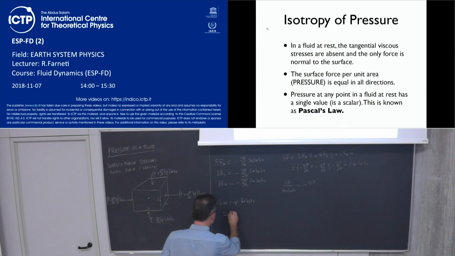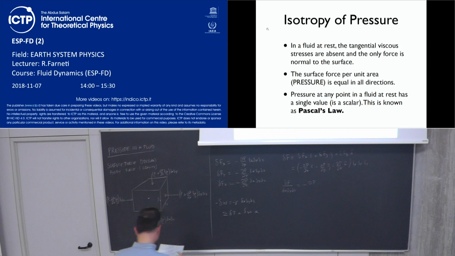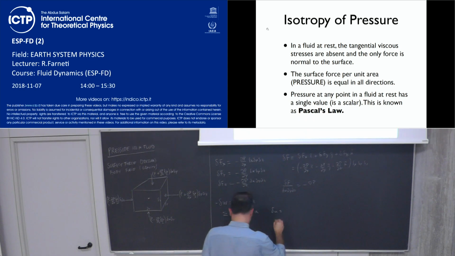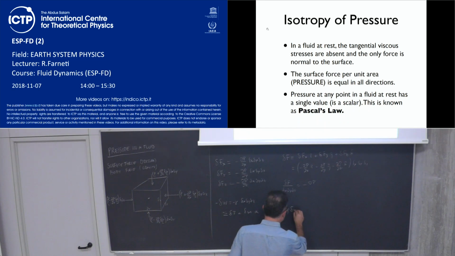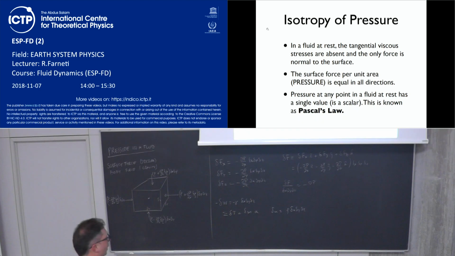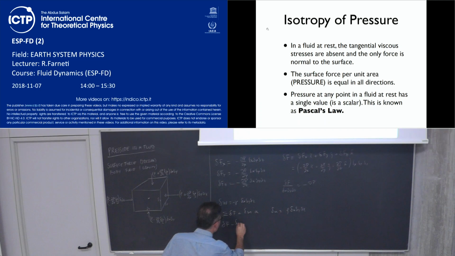Okay, so if we use again Newton's second law, we have the sum of all the forces is equal to my delta m times acceleration. This is my element of fluid. Delta m is just rho dx dy dz. So I have that my surface forces minus my weight is going to be equal to the mass of the element of fluid times the acceleration.